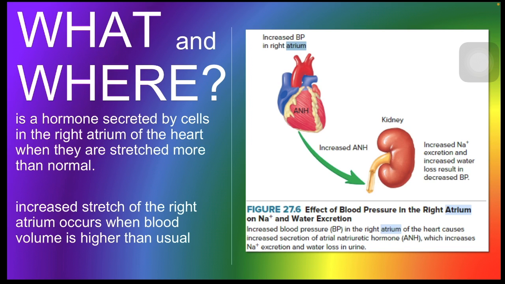Increased stretch of the right atrium occurs when blood volume is higher than usual. According to the figure, when the blood pressure is increased, the ANH also increases, which causes the sodium excretion and the water loss in the urine to increase.